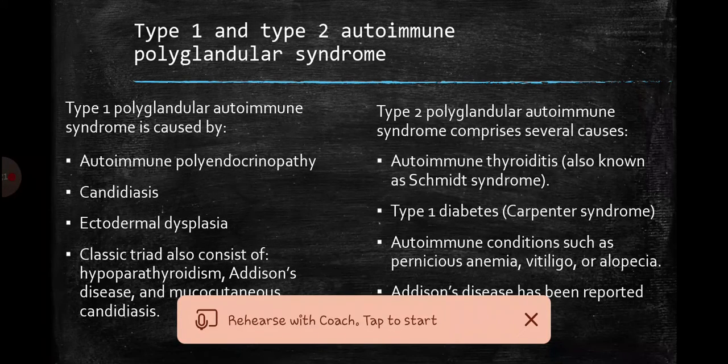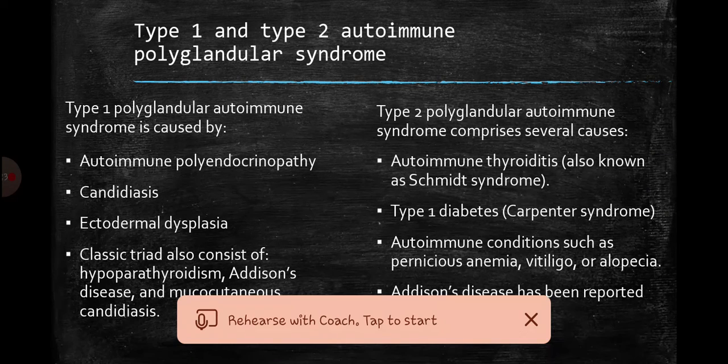Type 1 autoimmune polyglandular syndrome is manifested by autoimmune polyendocrinopathy, candidiasis, and ectodermal dysplasia. The classic triad also consists of hypoparathyroidism, Addison's disease, and mucocutaneous candidiasis.